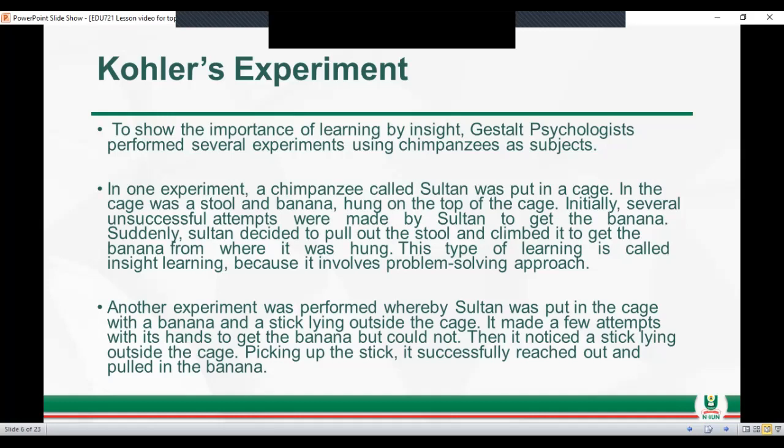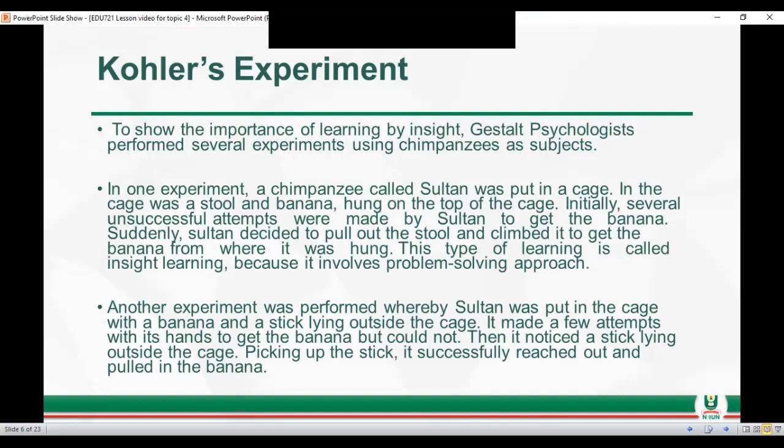Then suddenly, Sultan noticed the stool inside that cage and decided to pull it out and climbed it to get the banana from where it was hung. This type of learning is called insight learning. If Sultan doesn't have that higher thinking skills, the idea of pulling out the stool wouldn't occur to him.